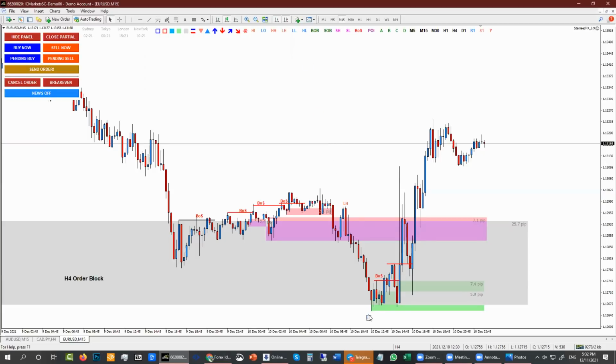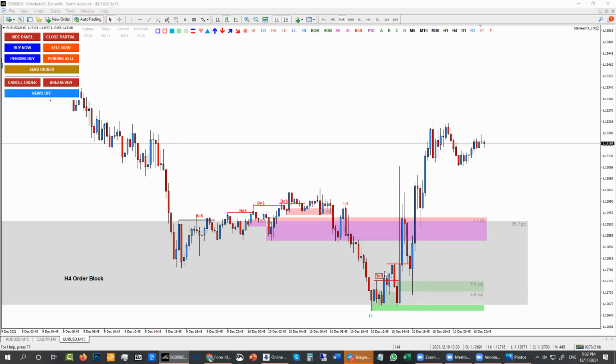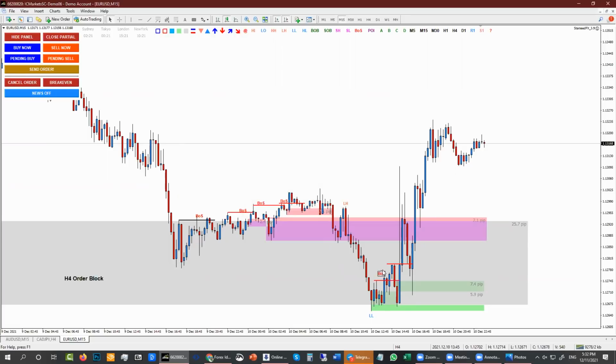This is a lower low. So the moment it breaks this one, the one that it breaks, this is the lower high, a very small area. You may not agree, but the way I see it, take a look.